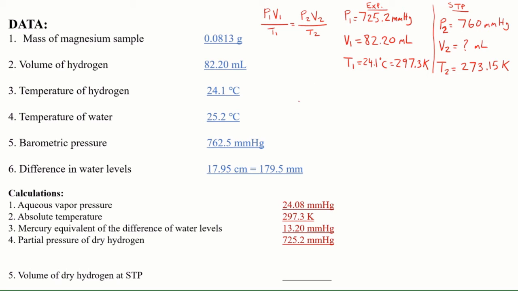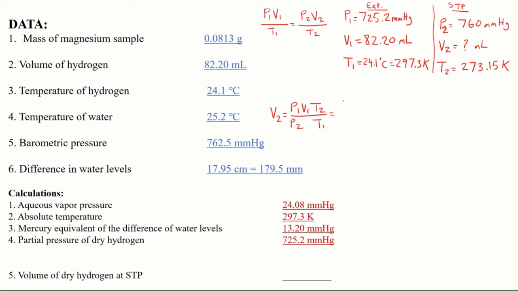Okay, so we do have everything except for V2. We could rearrange the combined gas law to solve for V2, and this will give us V2 will equal P1 times V1 times T2 over P2 times T1. And now we could just plug in our numbers.